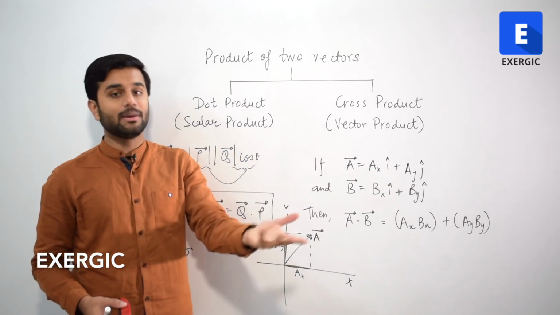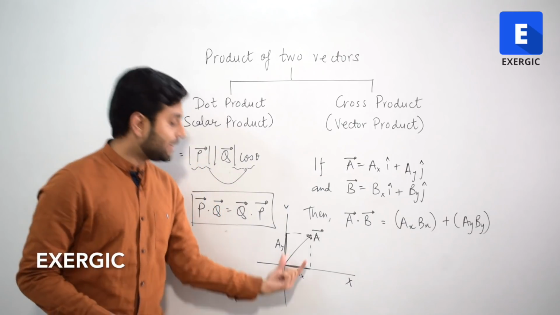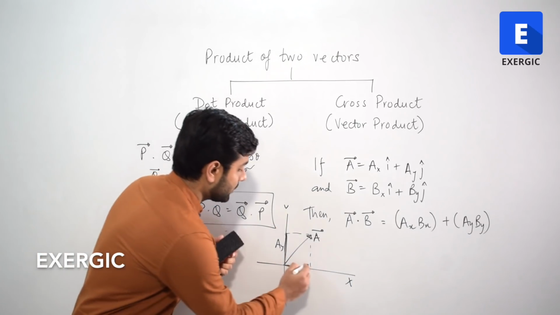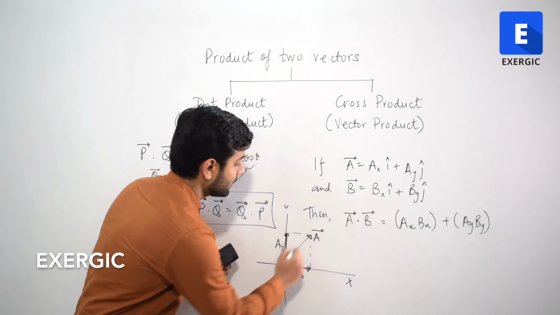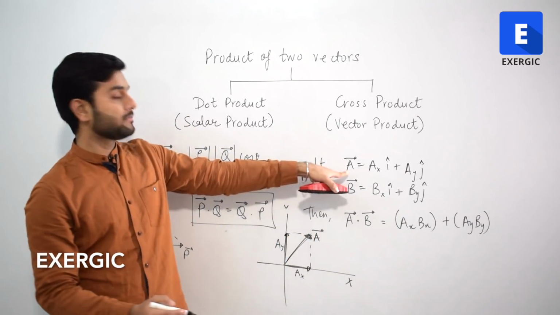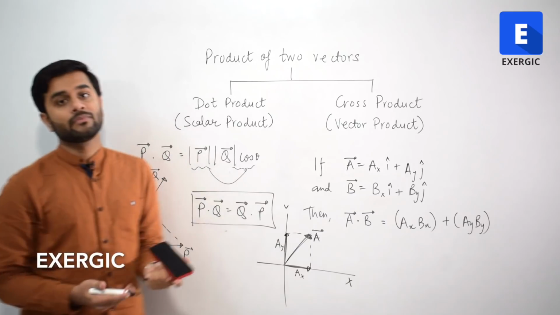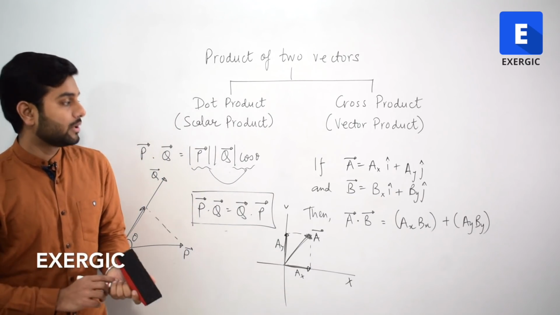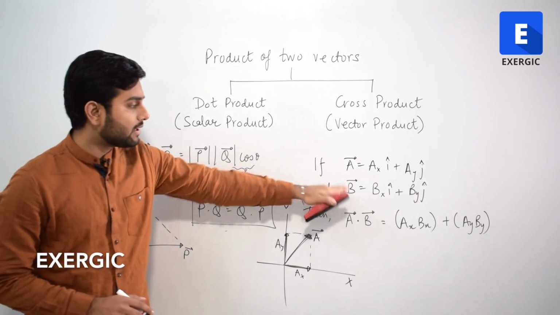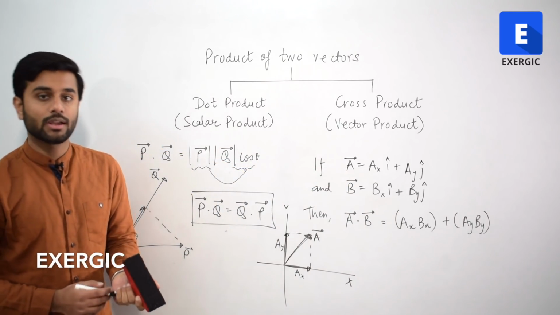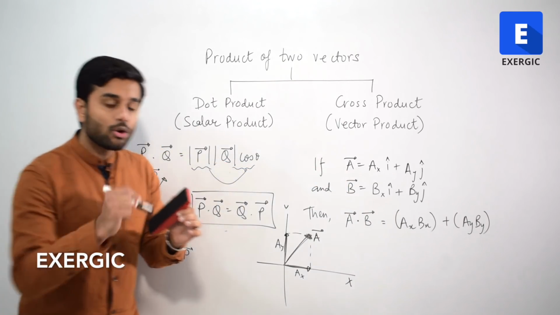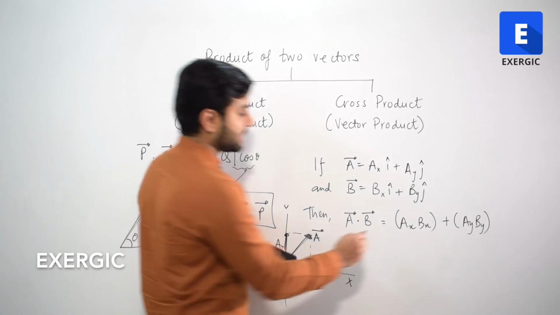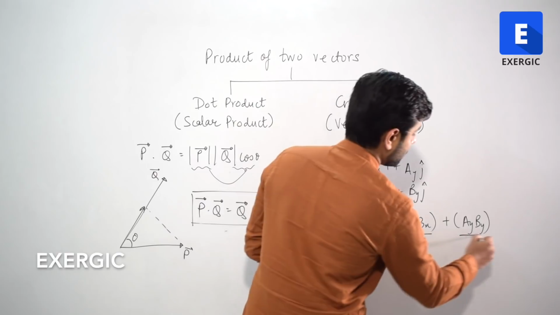It means ultimately, if you have ax in the x direction, ay vector in the y direction, and you take their resultant, you will get this resultant vector a. So this is one more way of representing them using rectangular, Cartesian coordinates. Similarly we have written vector b as well. When you do their dot product, what you ultimately get can be expressed like this: ax bx plus ay by.